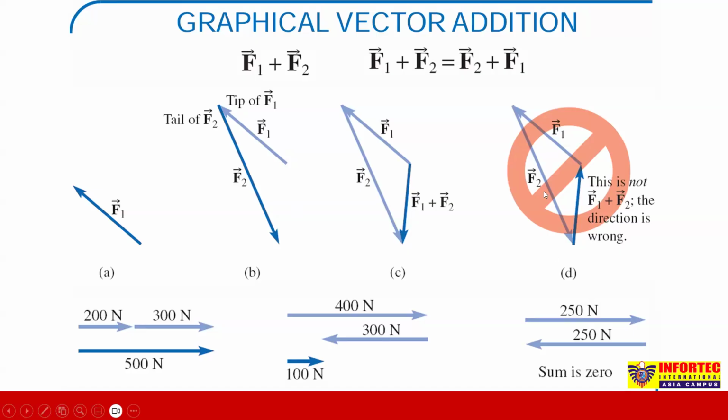And in this one, the direction is wrong. In figure D, the last figure, the direction is wrong. So this is not the correct value. Direction is wrong, right? At the head of F1, we have to draw the tail of F2, right? We call this the head to tail method, the graphical representation of vector addition.